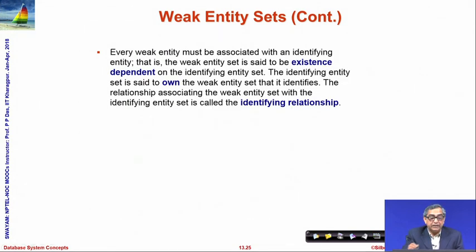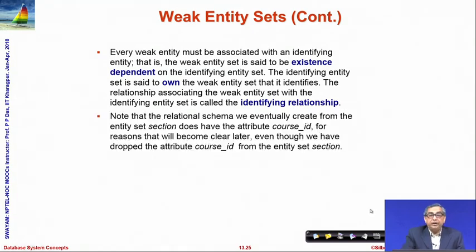So, weak entity sets naturally cannot happen by themselves, their existence is dependent on the identifying entity set, and the identifying entity set owns the weak entity set. So, the courses in that way own the section, and the identifying relationship between them is necessary to uniquely identify every entity of this weak entity set, or section in our case. This notion is very important for the design, as we will see.